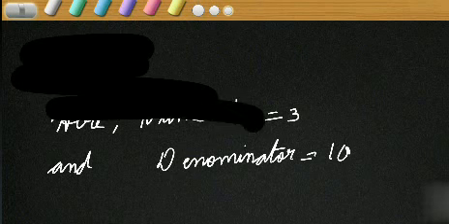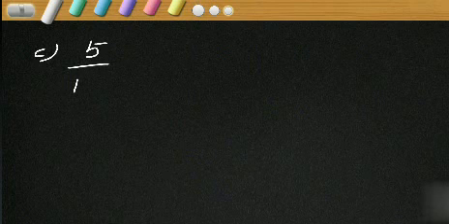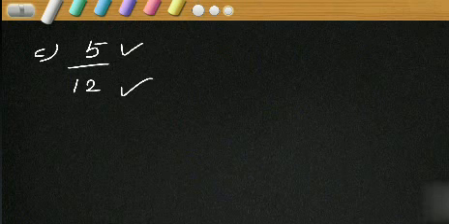So let's write one more: 5 by 12. Here which is the numerator? Numerator is 5 and denominator is 12.